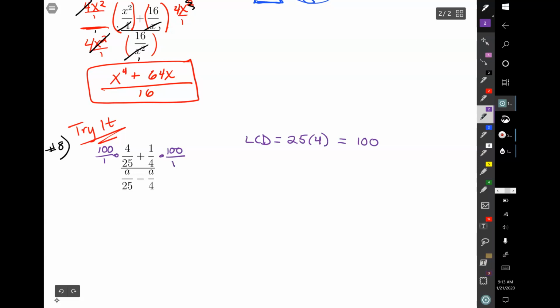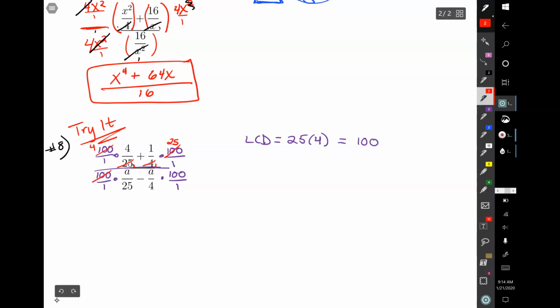And then in the denominator as well, I'm going to multiply every term by 100. Then I'm going to reduce if possible, which I should be able to do if I picked correctly. So 100 over 25 will reduce down to 4 over 1, and 100 over 4 reduces to 25 over 1.